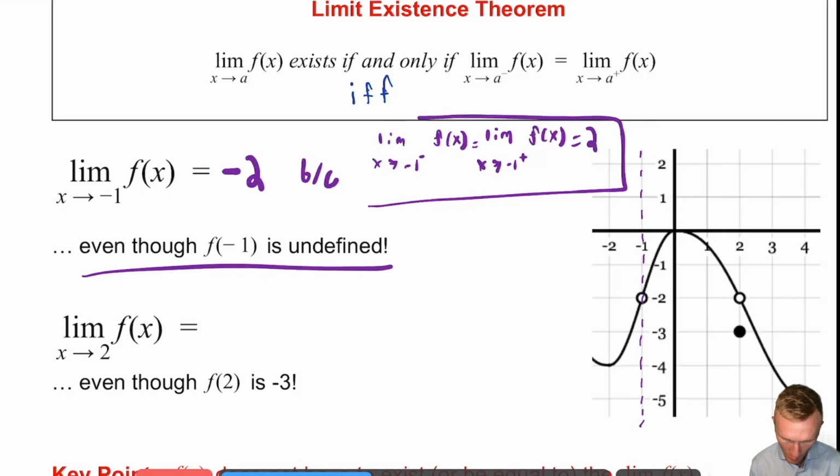That would be a way to prove that the limit as x approaches negative 1 is negative 2. Missed my negative 2 the second time around there. Let me make that a little bit cleaner for the notes.